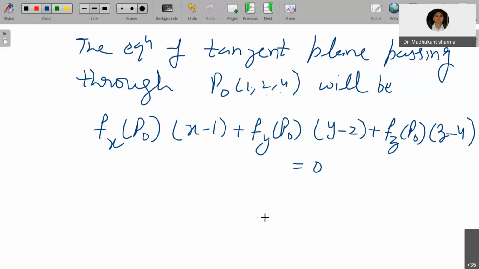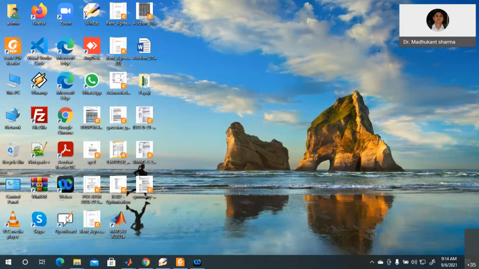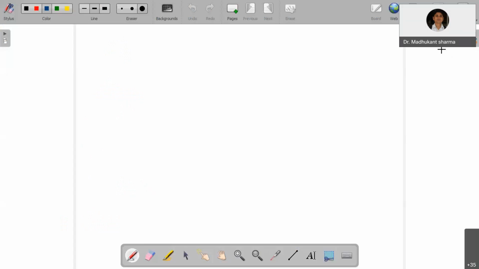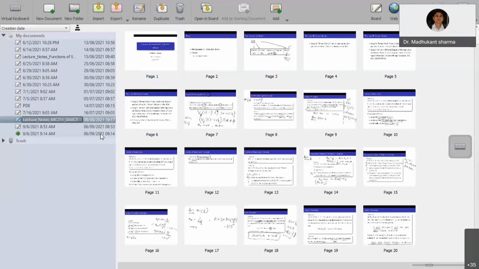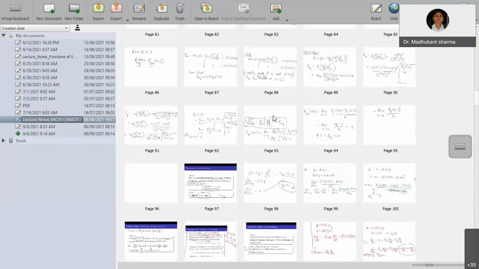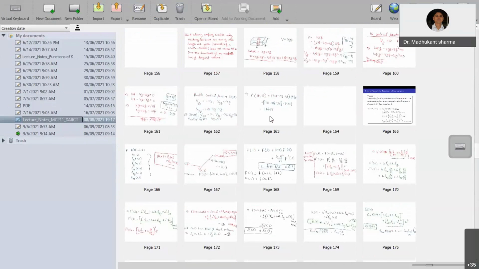So fx at P₀, fy at P₀ and fz at P₀, which you have just identified, are nothing but the components of grad f. So we have just identified that. Let's look at it.